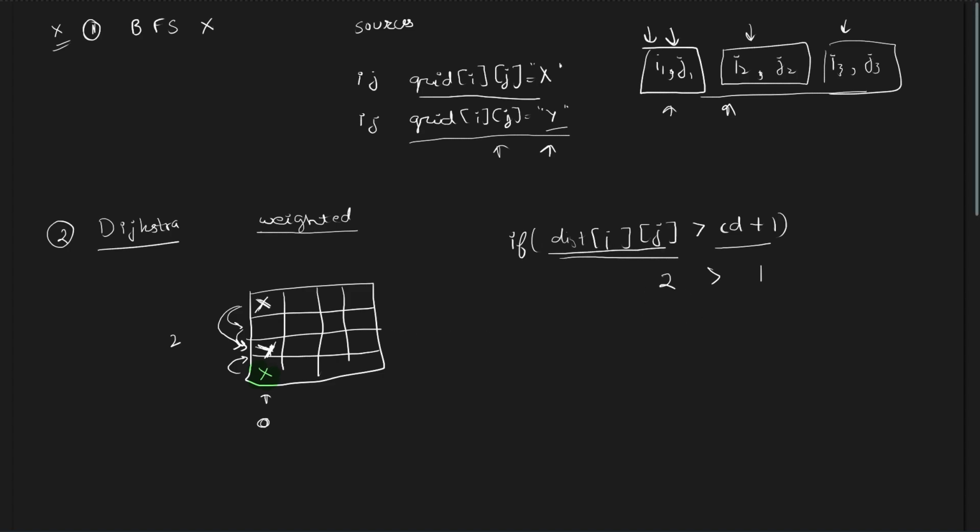So in this case, we will update the distance of y and push it into the priority queue we maintain. This is Dijkstra's algorithm and how we are going to use it, and why it works in this scenario even if it is an unweighted graph. This is because instead of a single source, there are multiple sources right now, and each source can have a different distance value for the same y.